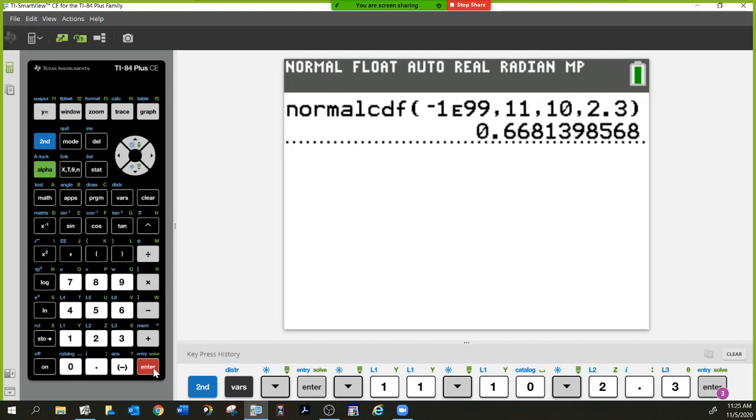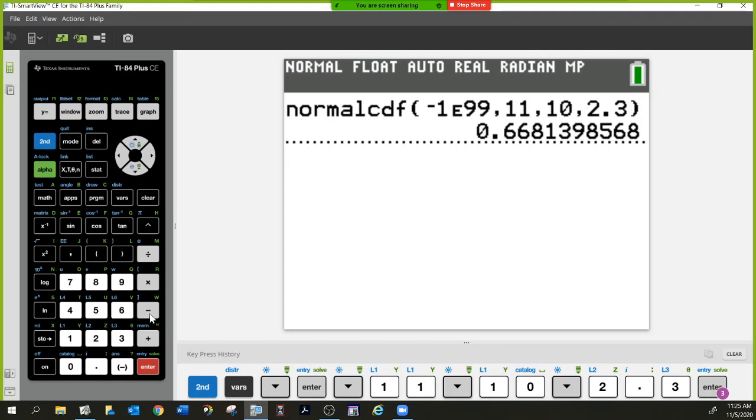Now hold on. What this told you is that 66.8% of the data is found to the left of x equals 11. But you need to figure out how much is between 8 and 11. So we need to subtract all the data that's to the left of 8.